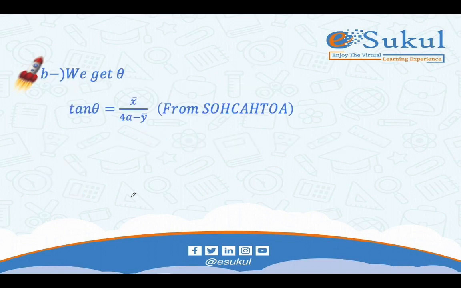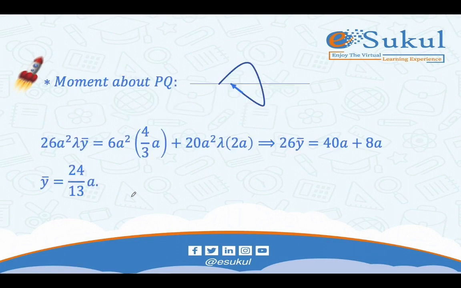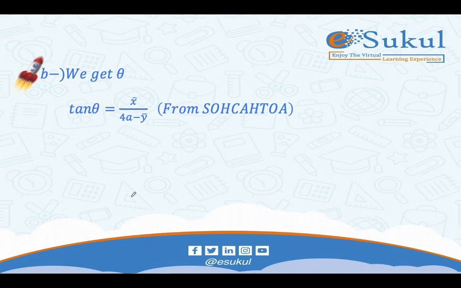In B, we get the tangential angle at the HPS with the vertical. If it is hinged at S, we have the displacement along the vertical component. So our tangent angle from SOHCAHTOA is opposite over adjacent.